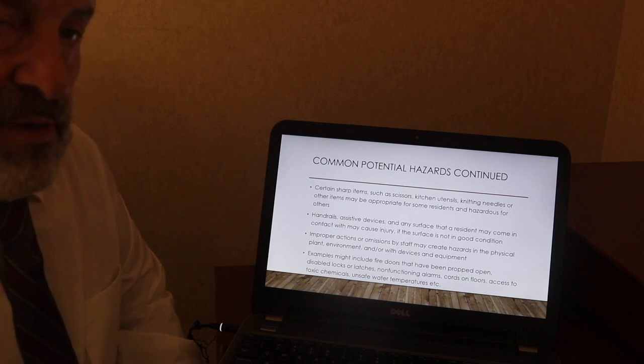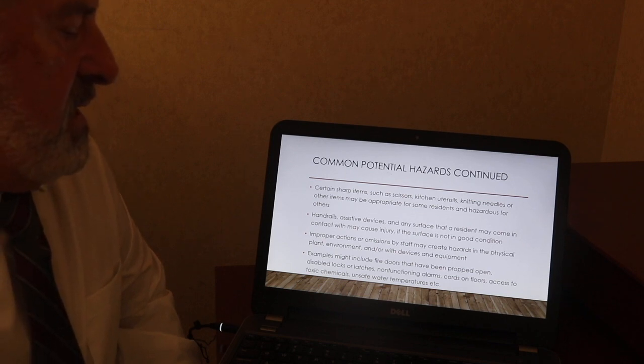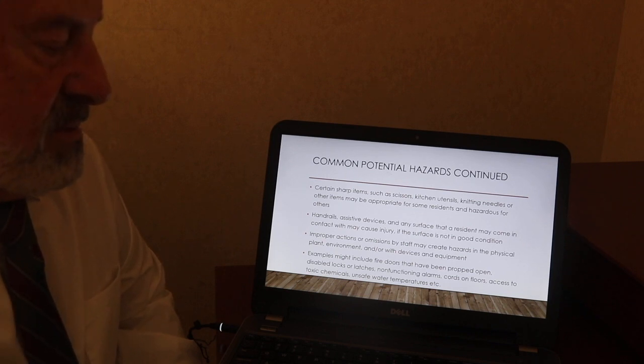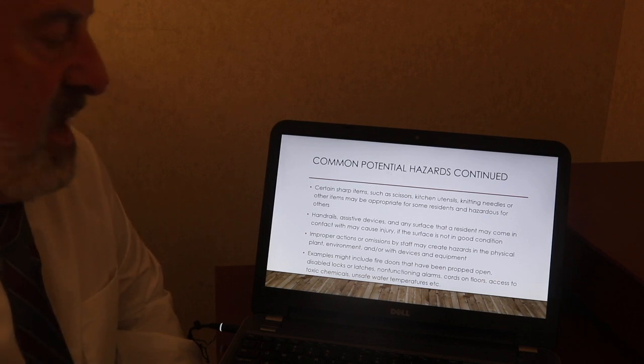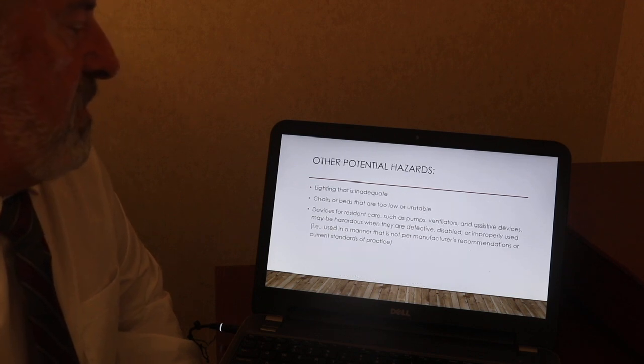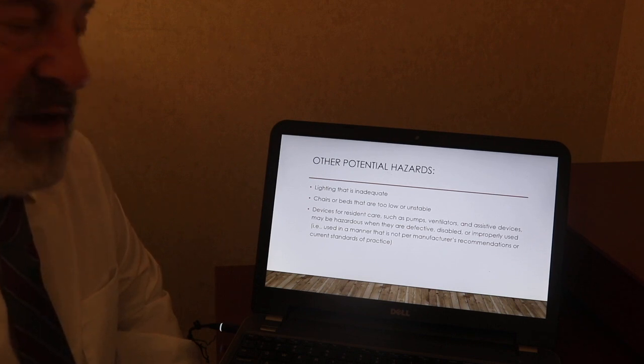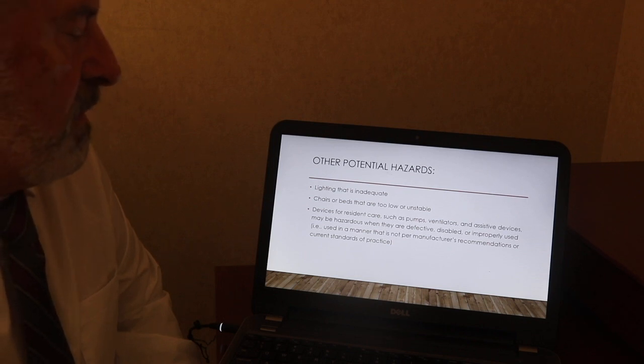Examples might include fire doors that have been propped open, disabled locks or latches, non-functioning alarms, cords on floors, access to toxic chemicals, unsafe water temperatures, etc. Other potential hazards: lighting that is inadequate, chairs or beds that are too low or unstable.